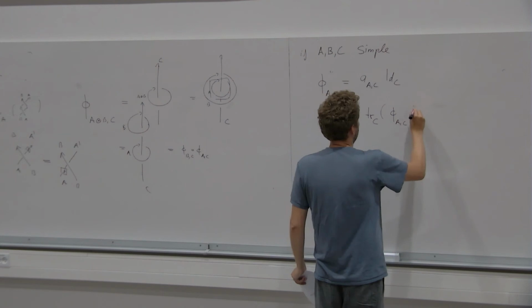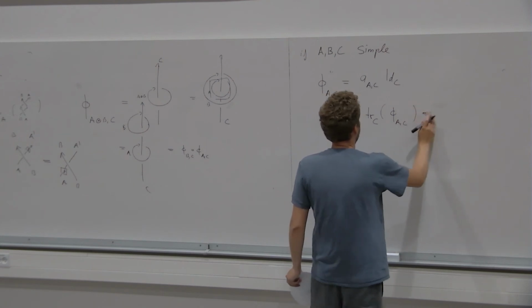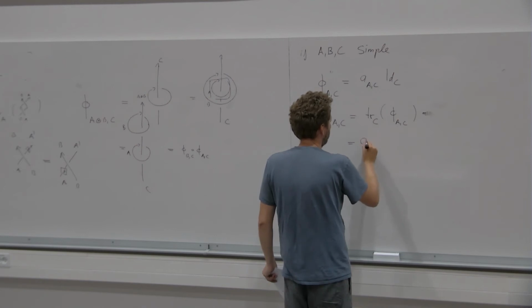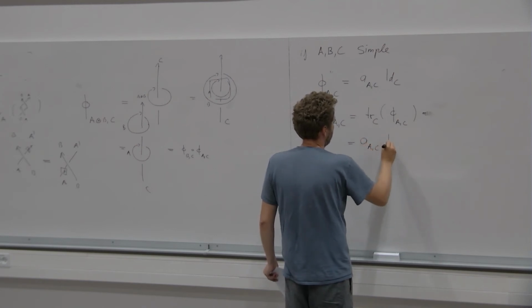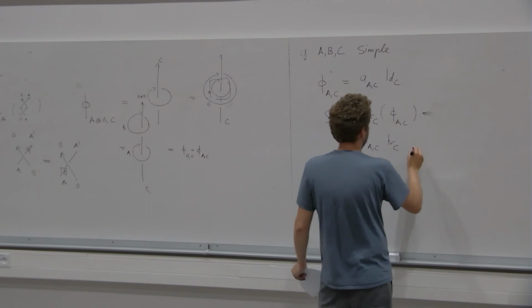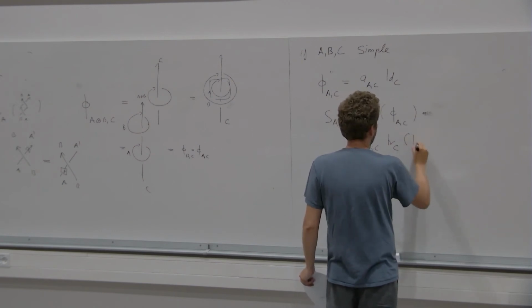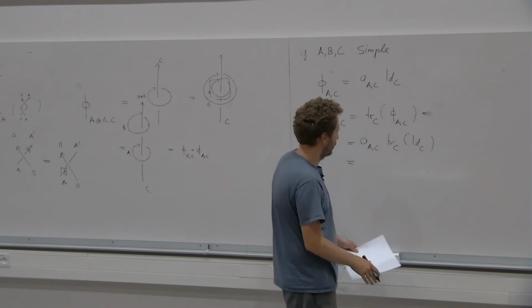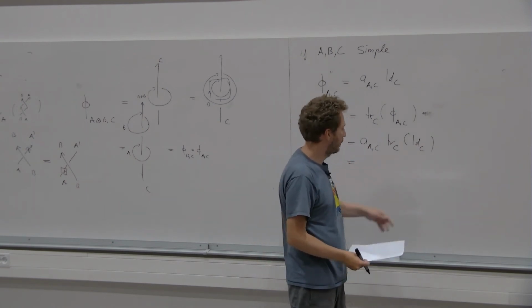All right? But the trace is linear, so it's the scalar times the trace of the identity of C, and this deserves the name dimension.